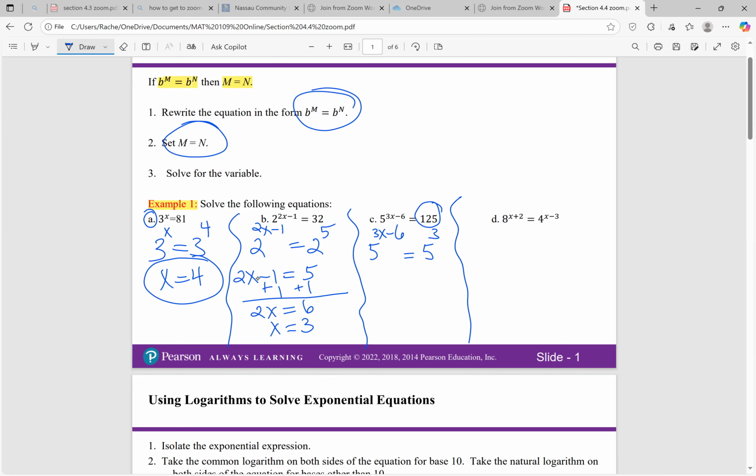Now I could set my exponents equal to one another. So I'm going to have 3x minus 6 is equal to 3. I'm going to add 6 to both sides, and I'm going to get 3x equals 9. Divide both sides by 3, and I'm going to get 9 divided by 3, which is 3. So x is equal to 3.